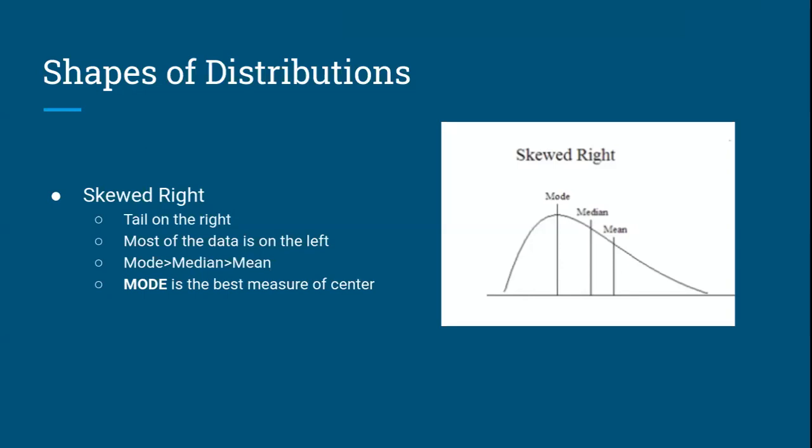Because remember, the three measures are called measures of central tendency. So it is going to depend on the shape of the distribution which one is the best measure of center. And from this picture, we see if the data is skewed right, the mode is the best measure of center, not the mean.